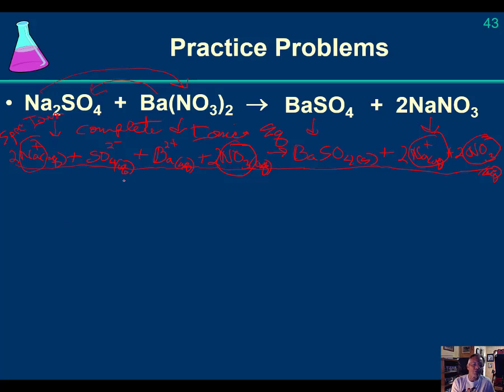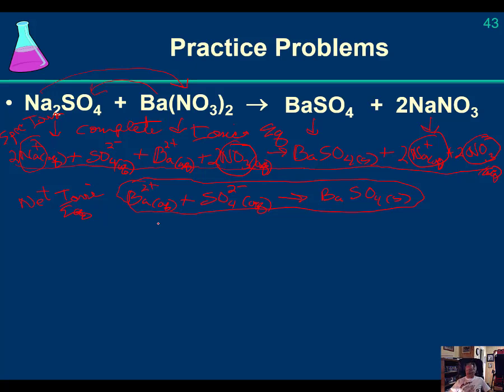Once you've identified them, throw them out, and that's going to leave us with barium 2+ aqueous plus sulfate 2- aqueous, and that's going to make barium sulfate. It's a solid. All right, and this is your net ionic equation. And that's usually the goal. Now we know what the chemistry going on in this ionic equation actually is.